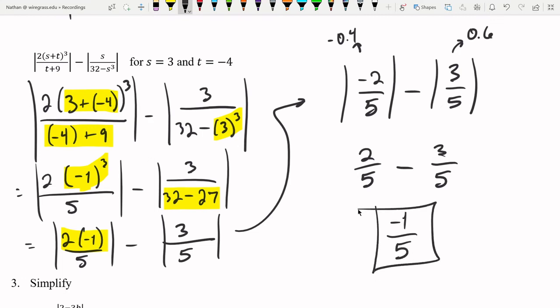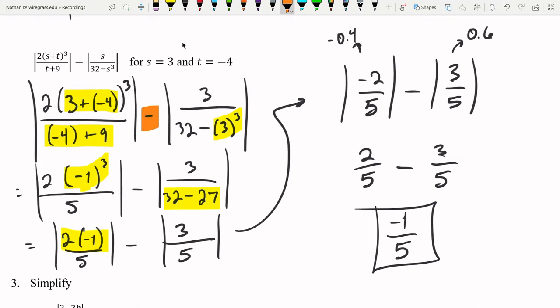And this is the key thing I wanted to show here, is that our answer was negative. Even though I said absolute value is always 0 or positive, that's because of this middle negative sign here. That's what made it negative. If you had absolute values around the entire problem, then you'd always have a 0 or a positive answer.